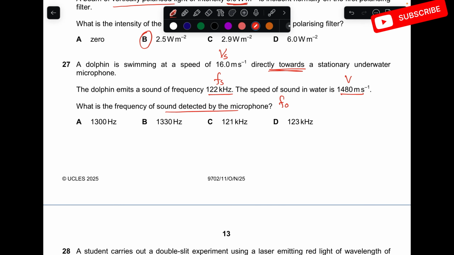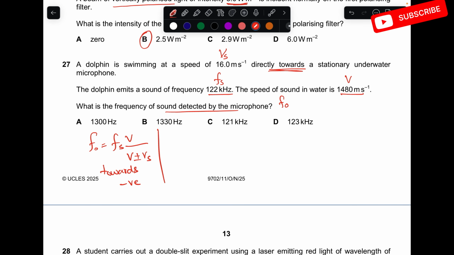Applying the Doppler formula, F naught is equal to Fs V divided by V plus minus Vs. As it is moving towards, you will take the negative sign.